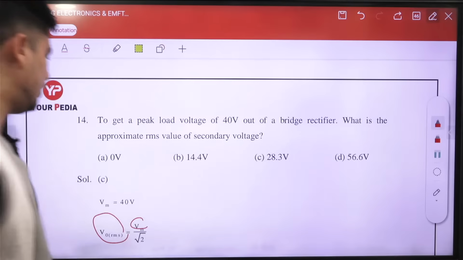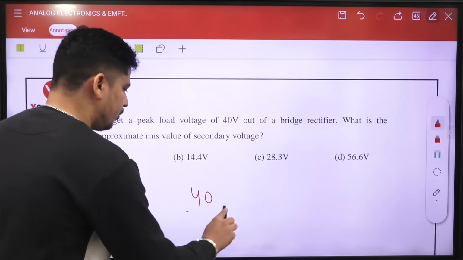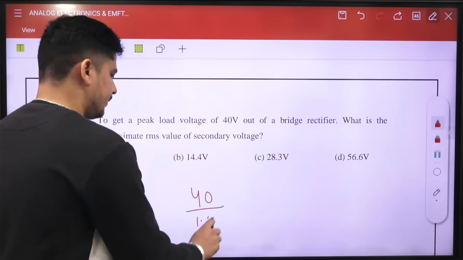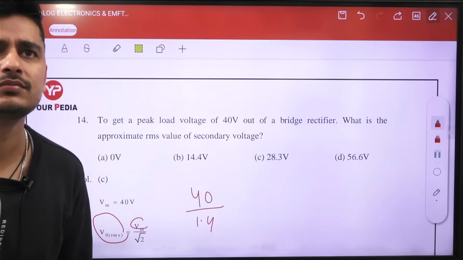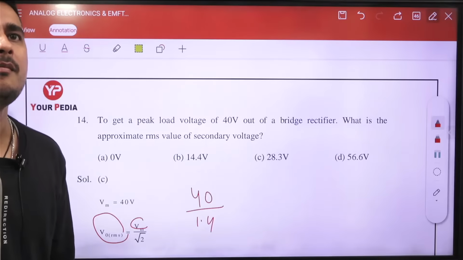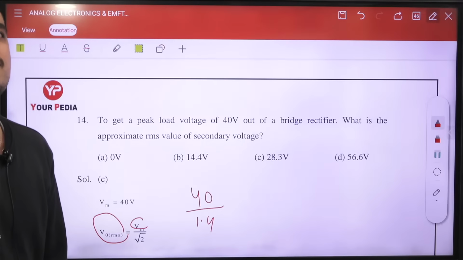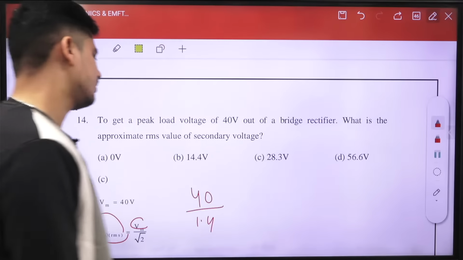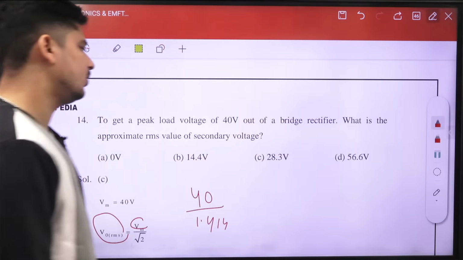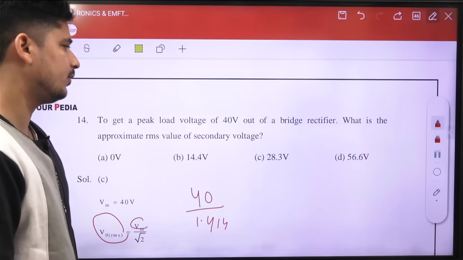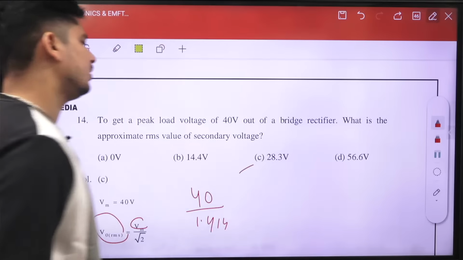Vm is 40, so 40 divided by root 2. How much is the value of root 2? When you divide 40 by 1.414, it gives you around 28.3.